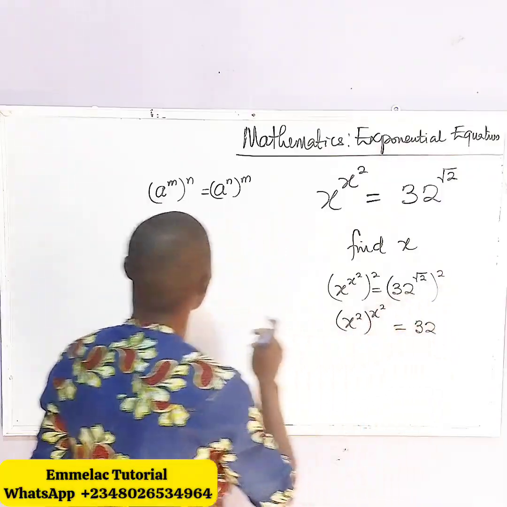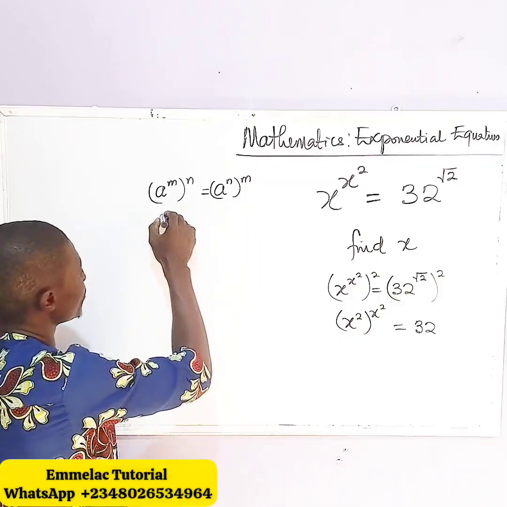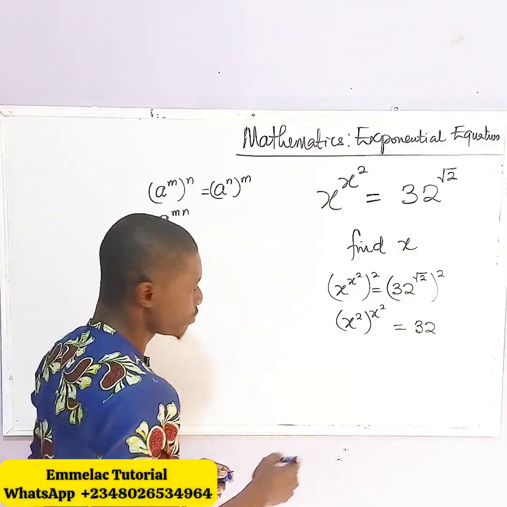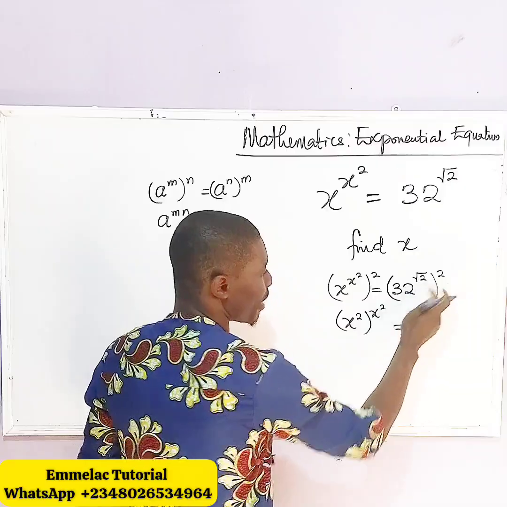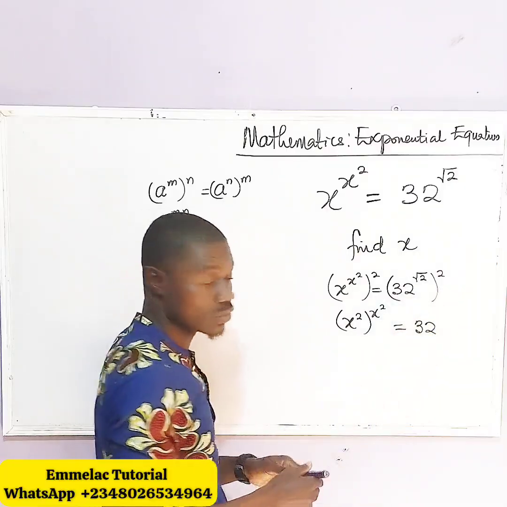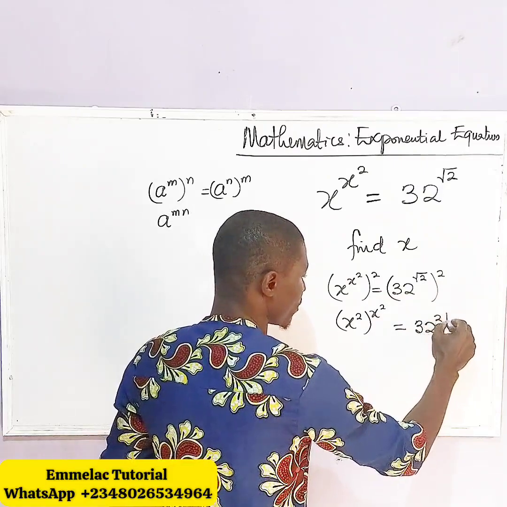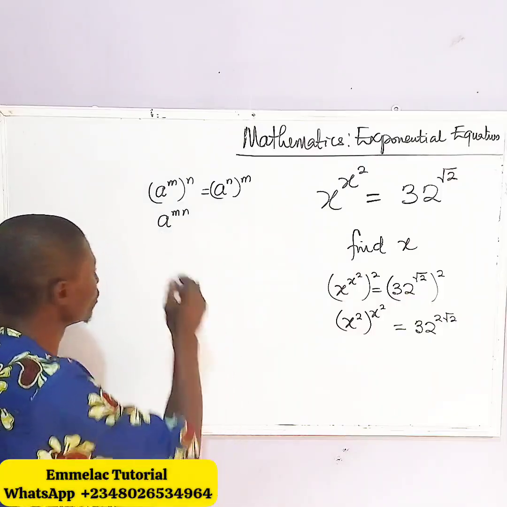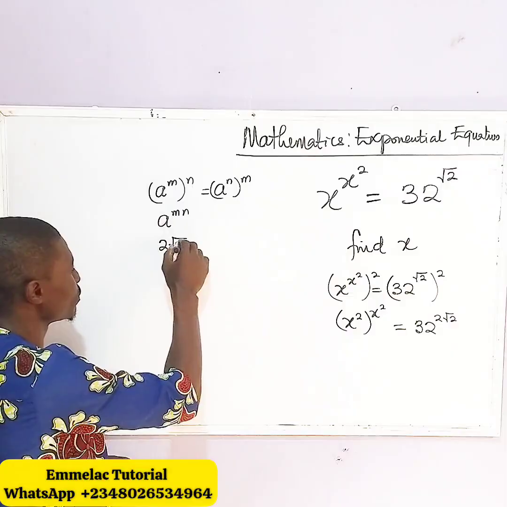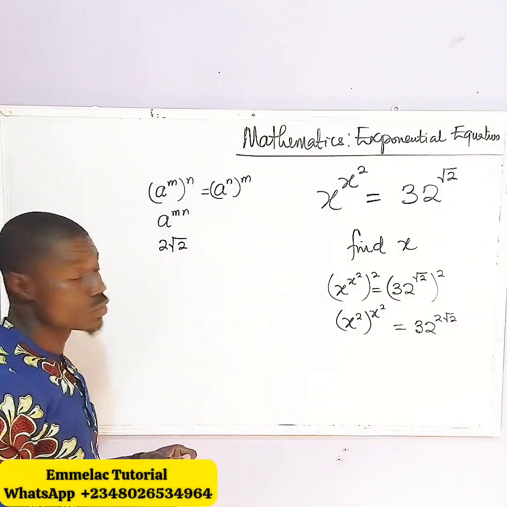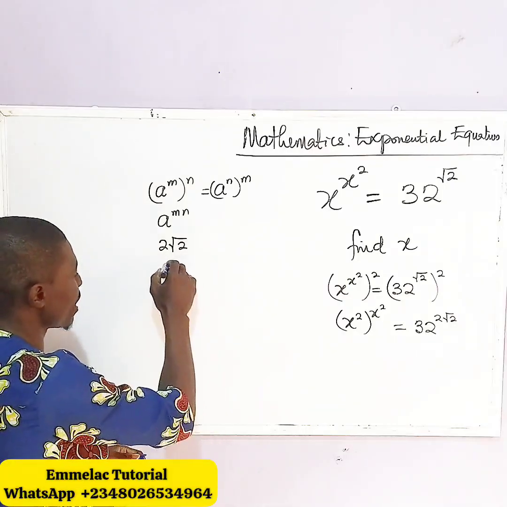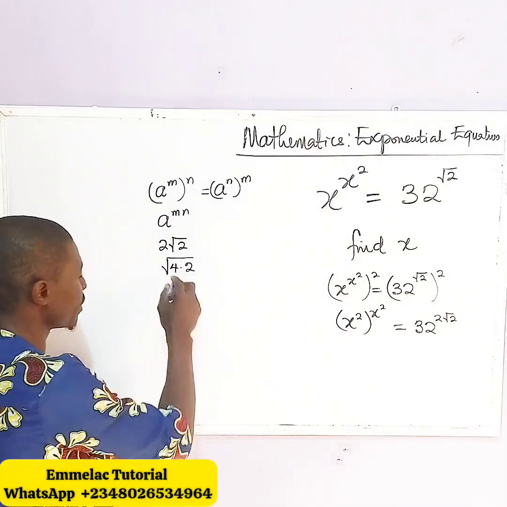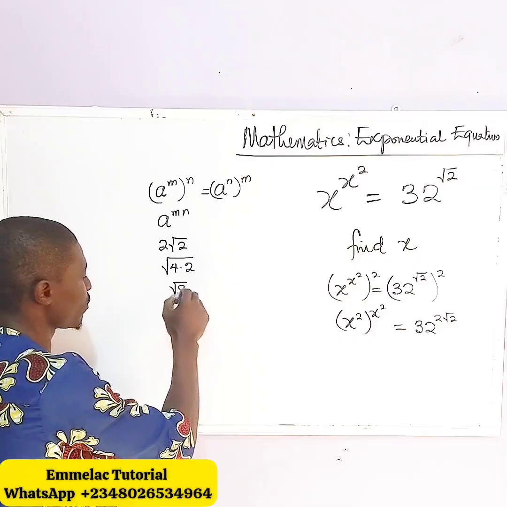32. Now in this case, this also can be written as a raised to the power of mn, which means I can multiply 2 and the square root of 2 together. So here you have 2 raised to the power of 2 root 2, which can also be written as 4 times 2, giving us the square root of 8.